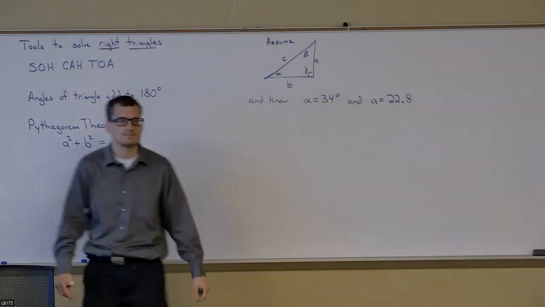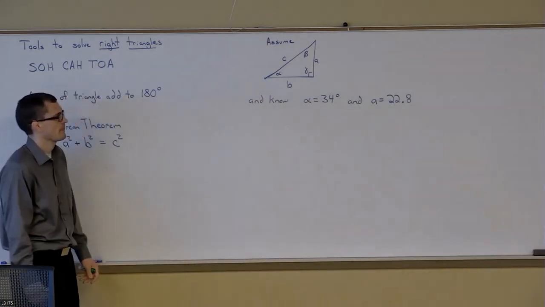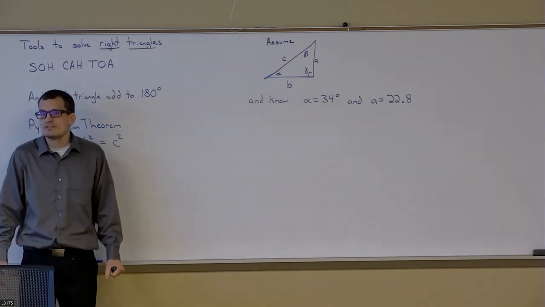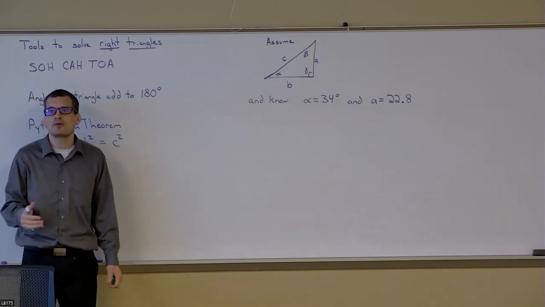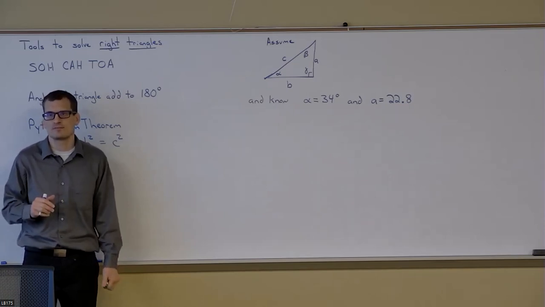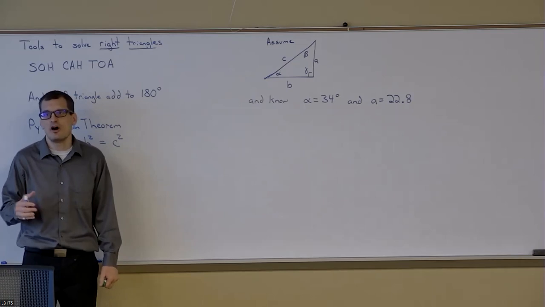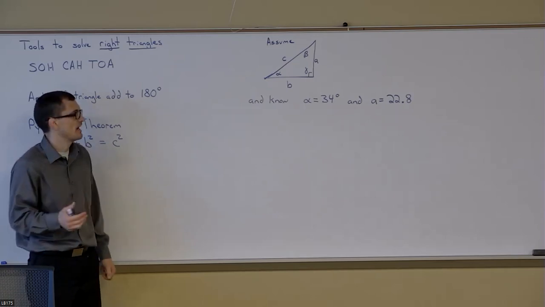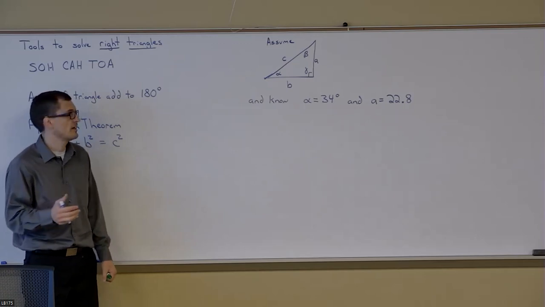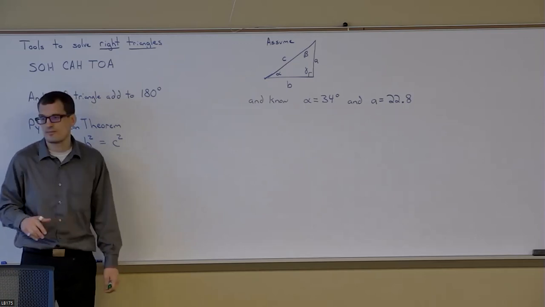Right, following? So we know alpha is 34 degrees and the length of A is 22.8. Let's find all of the other sides and let's also find all of the other angles.